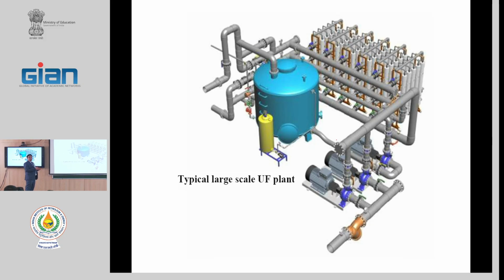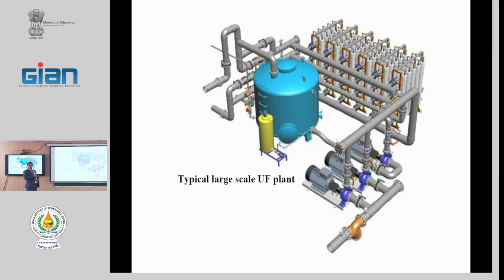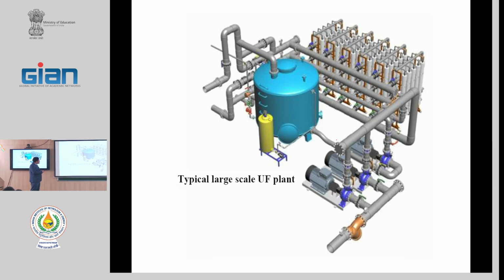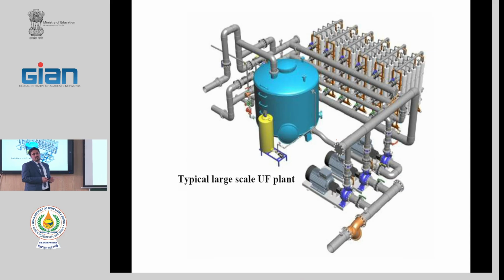For fouling reduction and control of conditions, usually we add additives to the feed. You see a little tank with a small pump that doses some additives to the entrance of the pumps. These additives reduce the membrane fouling.